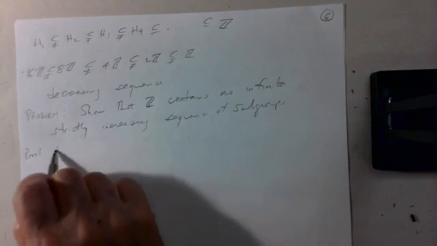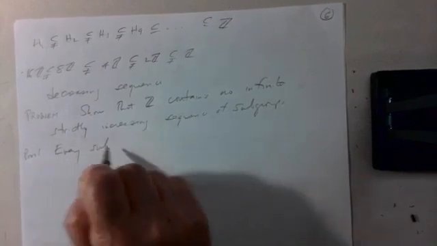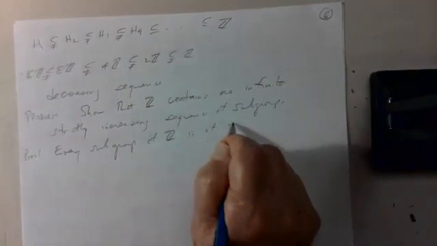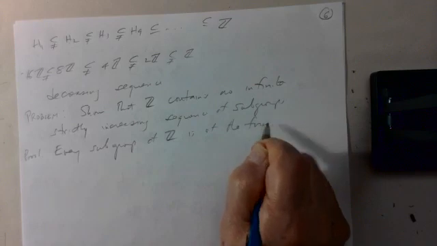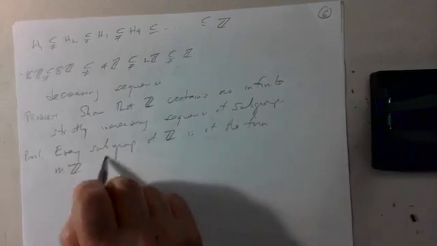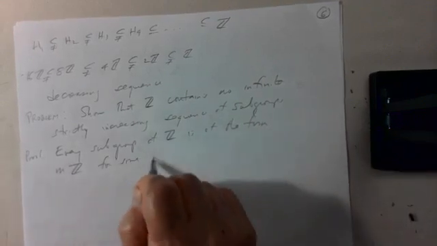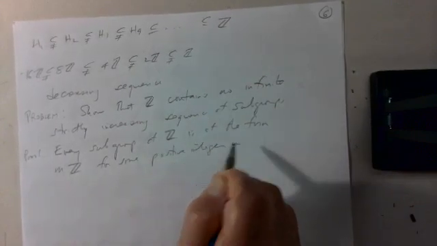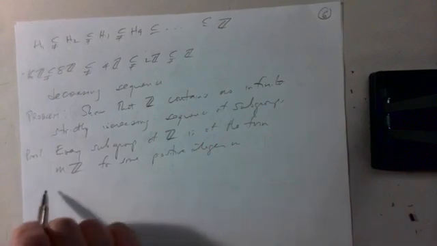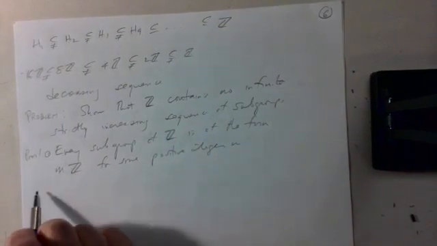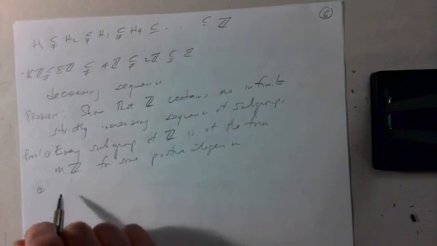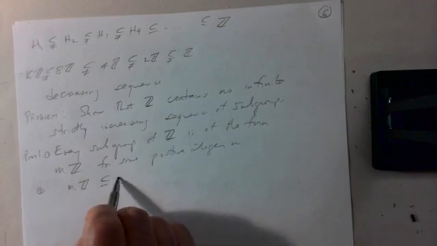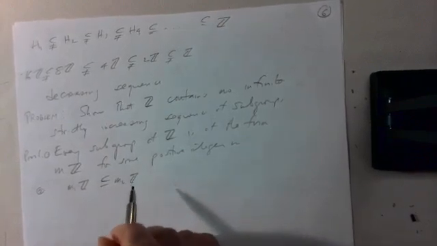So first of all, every subgroup of Z is of the form MZ for some positive integer M. Second, if we have one subgroup contained in the other, M1Z contained in M2Z, what does this mean?